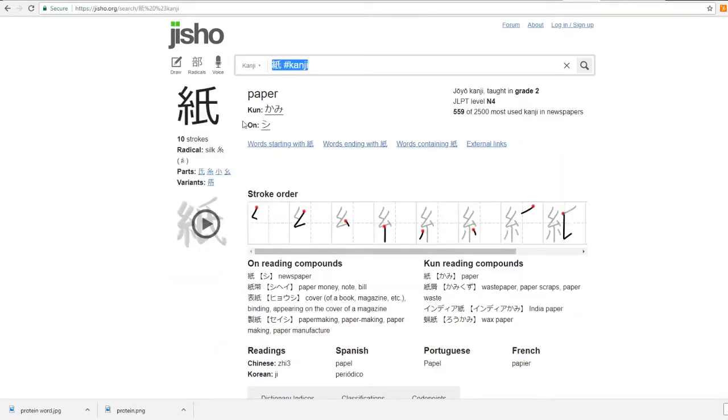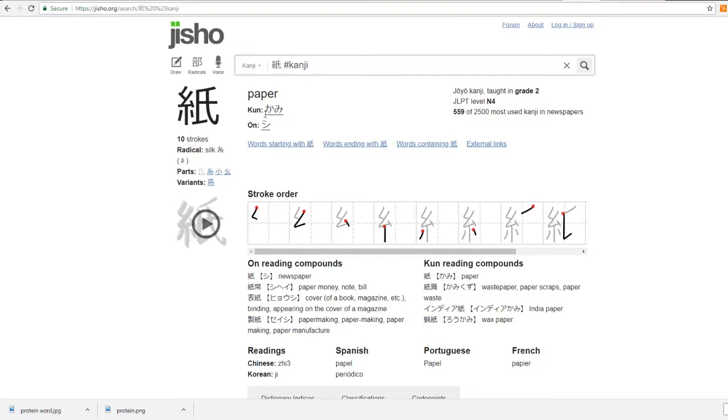So we're going to look at the paper kanji. So this one has the radical for thread or silk, and this other radical here is the radical for family name. So the only threads that tie your family together, your family names together, or the piece of paper, your birth certificate.